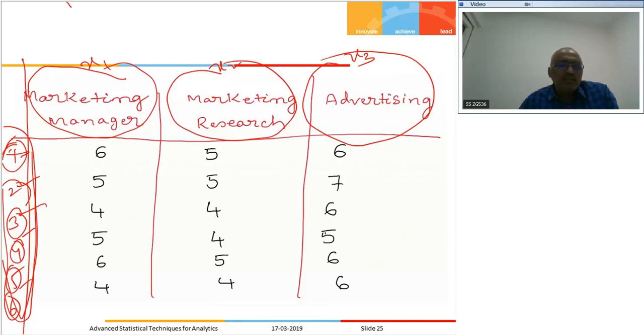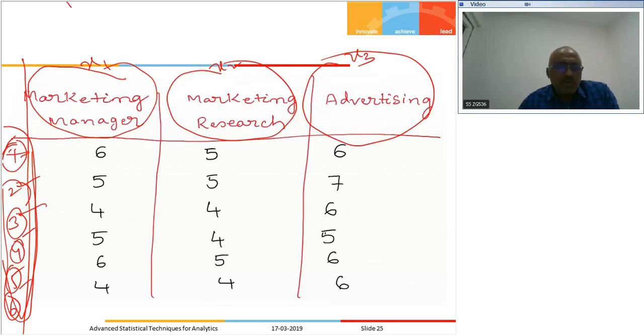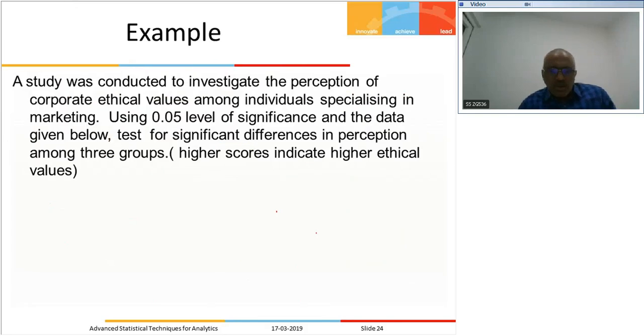Now, another example is like this. Suppose we have 3 groups: marketing managers, marketing research, and advertising. We have their scores related to ethical values, and what we want to validate is a test for significant differences in the perception among the 3 groups at 0.05 level of significance.